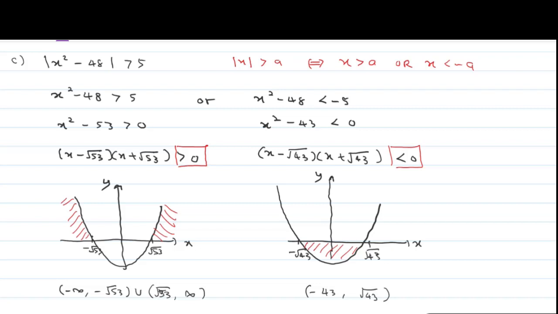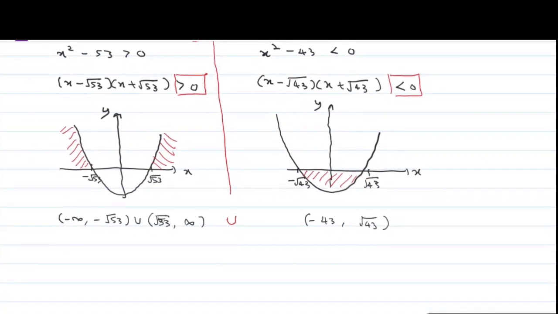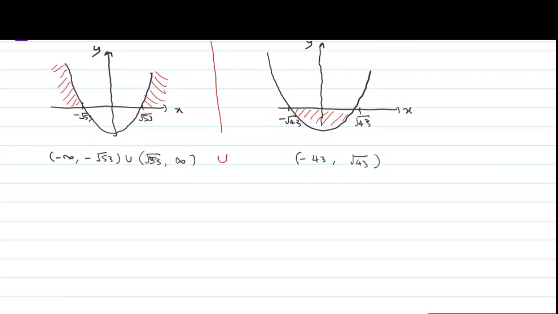Now, we are going to simplify these two inequalities. So here, the word is or. Or means, for these two solutions, we are going to find the union. Okay, let's see how we are going to simplify these two intervals.